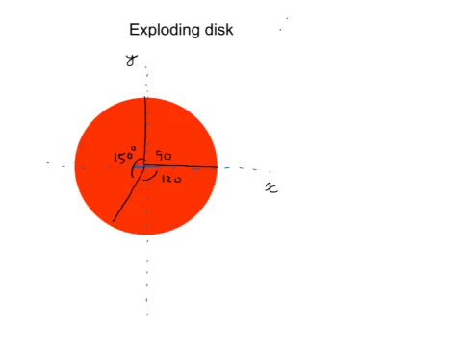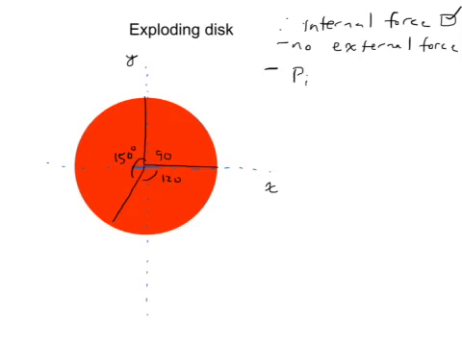So the key idea here is that while there is an internal force, there is no external force. And if we think about what's going on, the initial momentum of this disk before the internal explosion goes on equals 0. So therefore, since there's no external force, the final momentum should also equal 0.